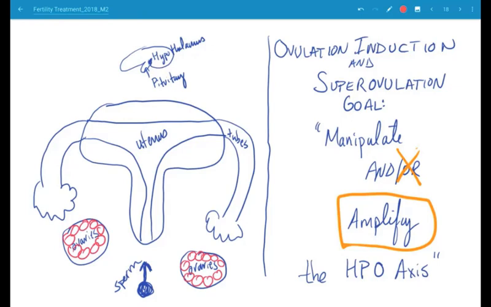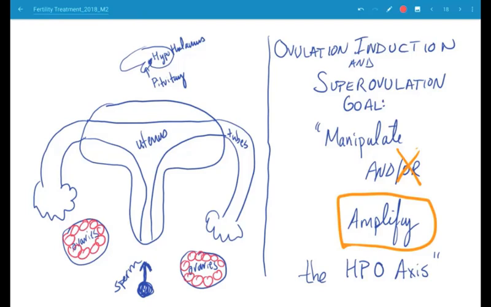And in order to maximize the likelihood of live birth in a given cycle, it makes sense to try to superovulate patients with IVF in a controlled manner so that we can get as many eggs as possible, to inseminate as many eggs as possible, to then fertilize those eggs and then grow them out in culture. Because we know that at baseline, when someone gets 20 eggs, that does not mean they have 20 live births, because human reproduction is very inefficient and there is a lot of attrition along the way, as I'll point out.